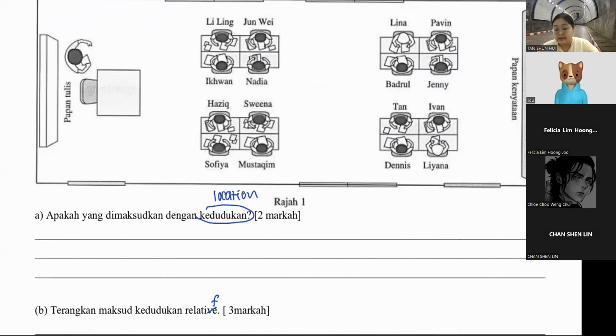Location means tempat letak sesuatu barang, right? A place. So if they ask you for the maksud, you have to tell me: kedudukan ialah tempat letak sesuatu objek.